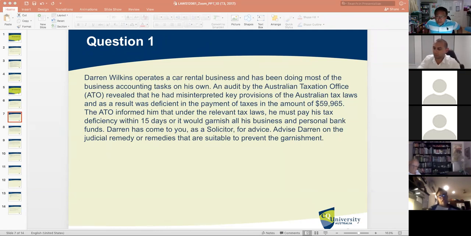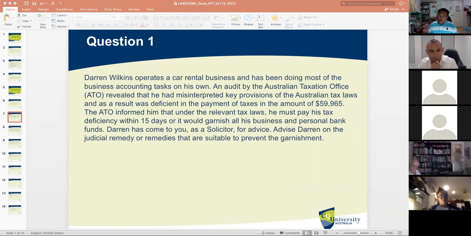So, according to Jesse, there seems to be Wednesbury unreasonableness. And from the viewpoint of Monique, there seems to be an excessive exercise of power.